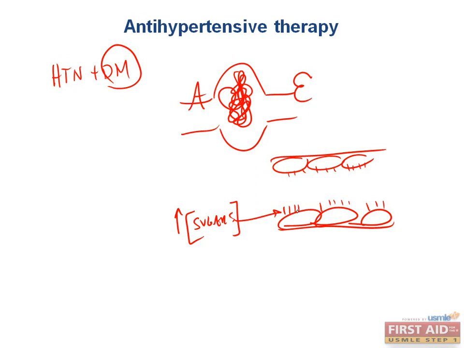This leads to the development of breakdown products associated with sugars sticking to these proteins, and we call these reactive advanced glycation end products, and these can cause oxidative damage to the endothelial cells of the renal arterioles due to the induction and production of free radical species such as superoxide and hydrogen peroxide.